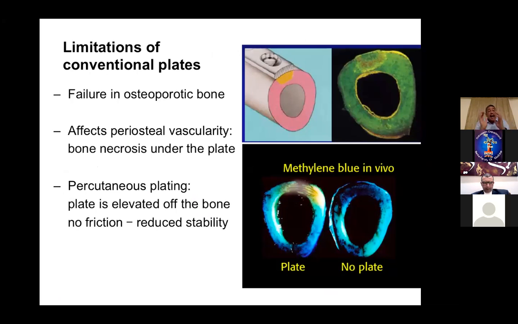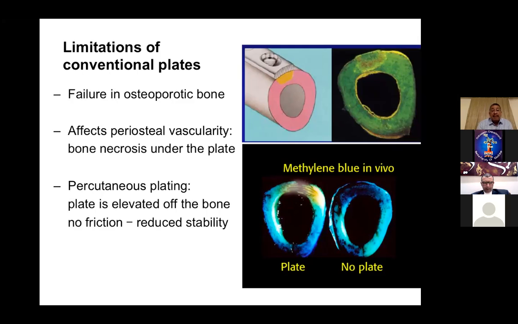When you put a plate through small incisions, a MIPO technique or minimal invasive plate osteosynthesis technique, the conventional plates will not help. You have a risk when you use these conventional plates, the ordinary DCP, because in minimally invasive techniques, you cannot guarantee that the plate is 100% adapted to the bone.